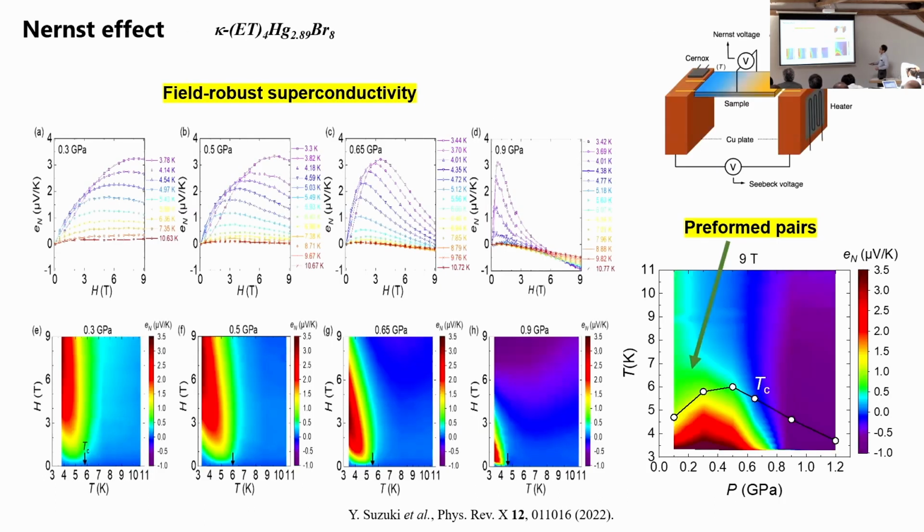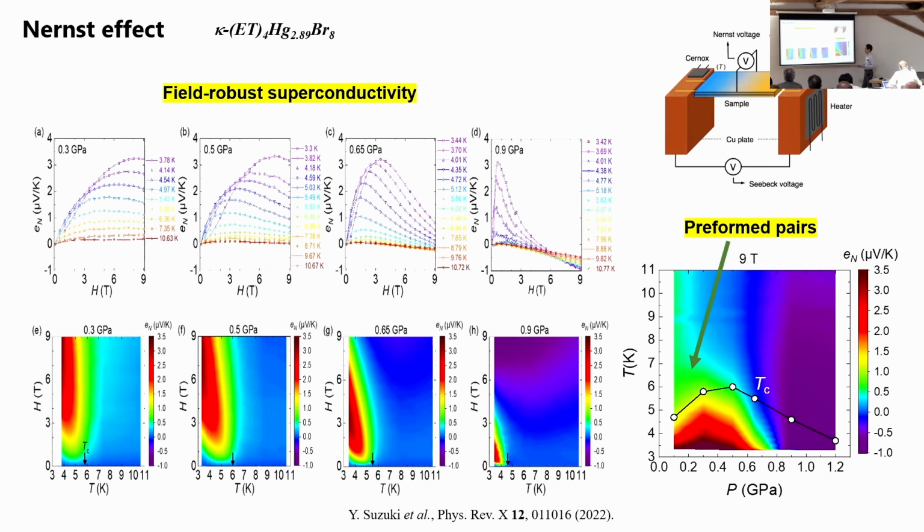We measured the Nernst effect at different pressures: low pressures, middle pressures, high pressures. In the low pressure range, the Nernst effect is very high, up to 9 Tesla. So superconductivity persists even up to over 9 Tesla.